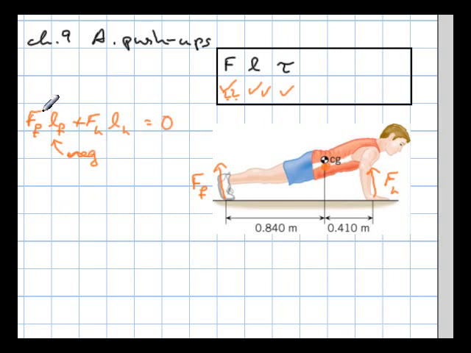In any case, we do have two unknowns here, force of the feet and force of the hands, but we need a second equation. That second equation is that he is in rotational equilibrium, but he is also in just equilibrium, and that means that the forces acting on the person also come out to 0.